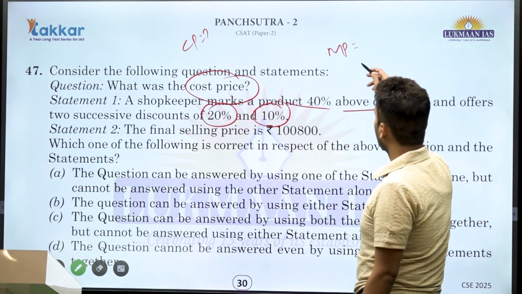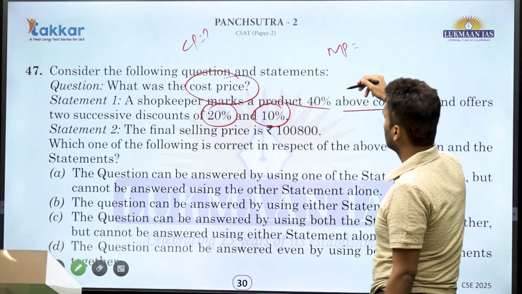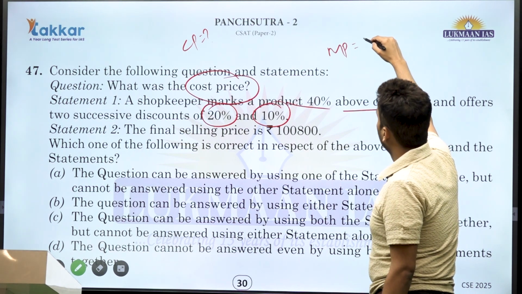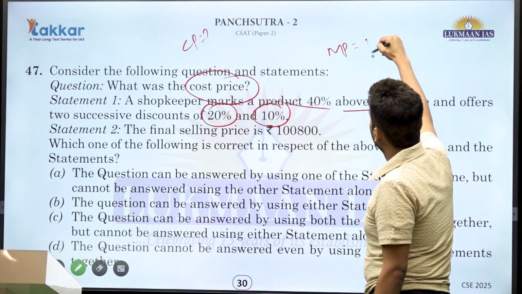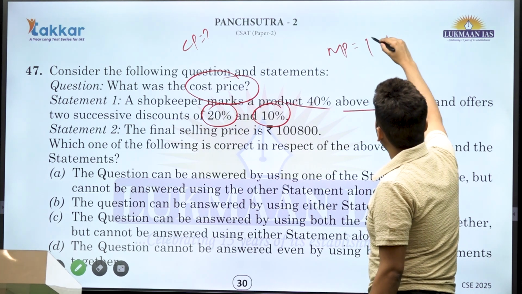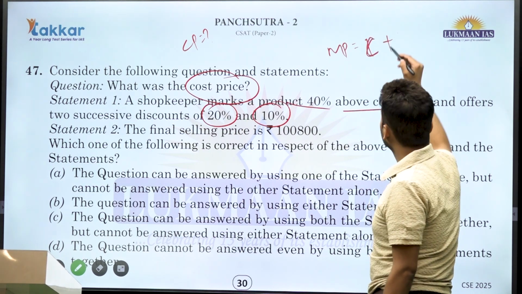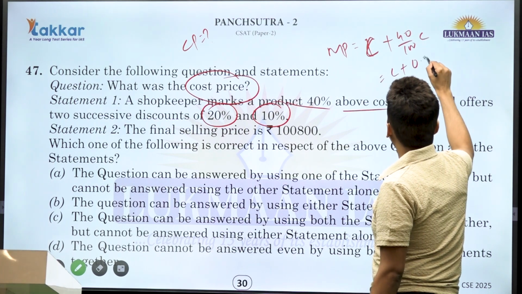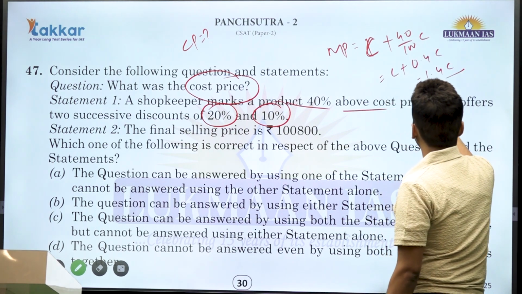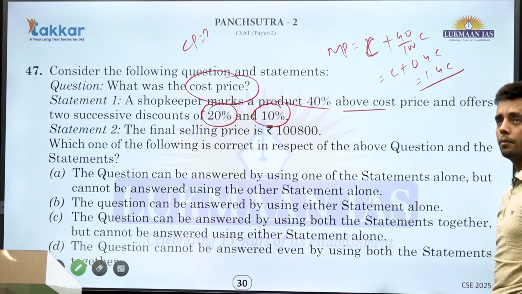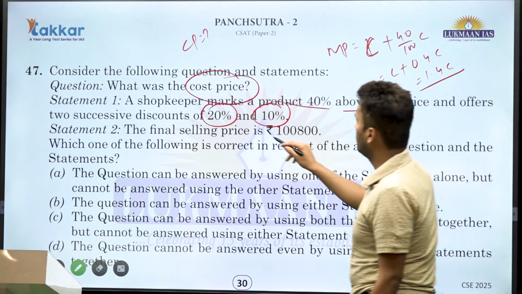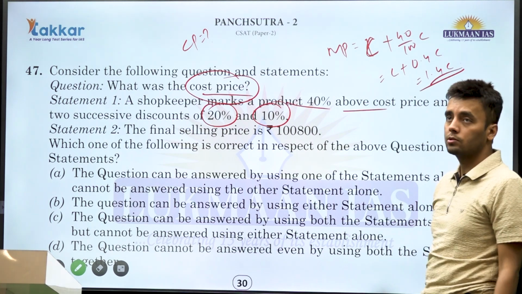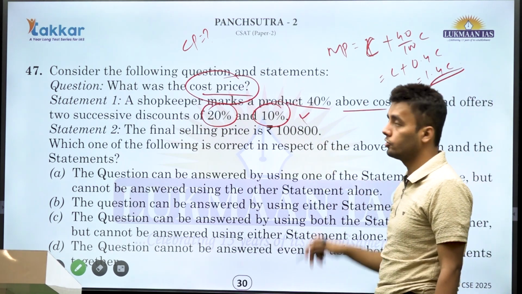So the mark price, according to the statement: let C be the cost price, and 40% of C, C plus 0.4C, that is 1.4C. But what is the actual cost price? We do not know. We just know the equation 1.4C. So statement 1 is not sufficient.